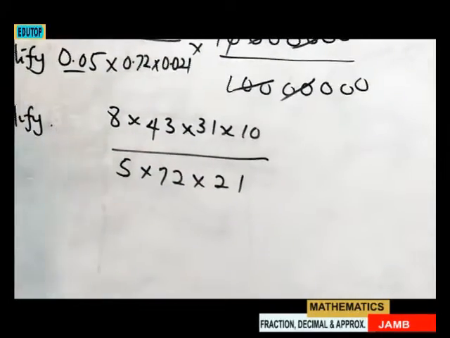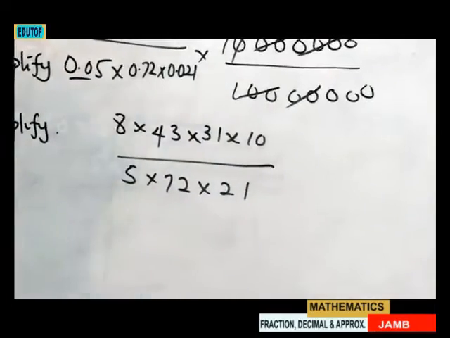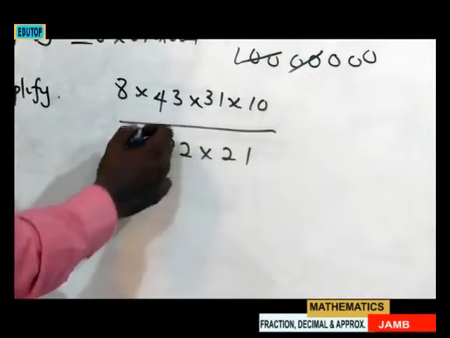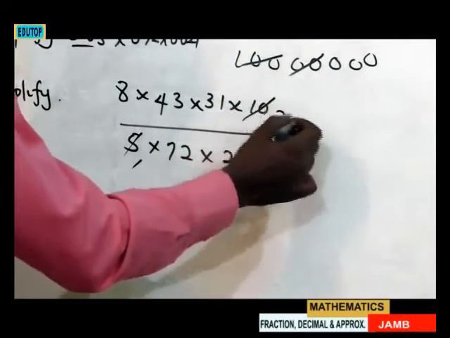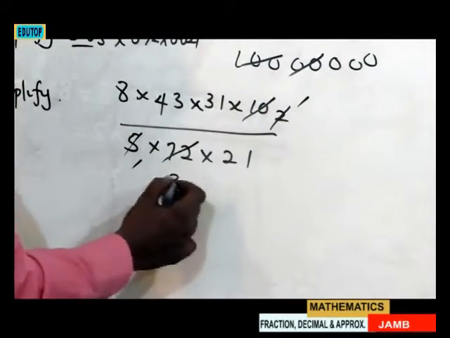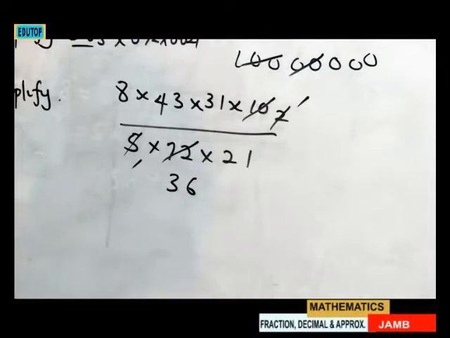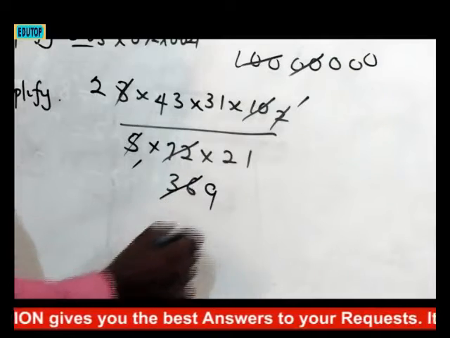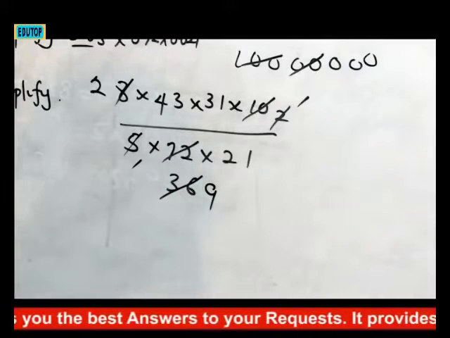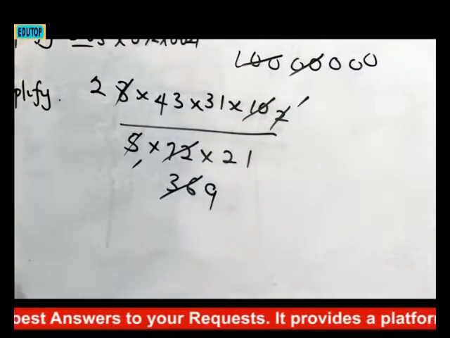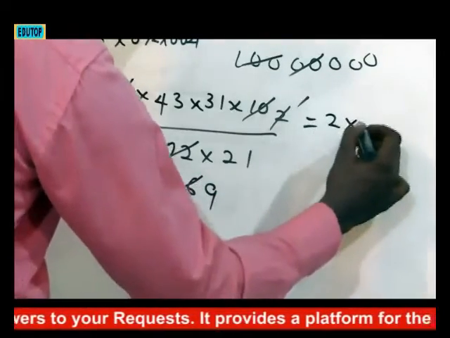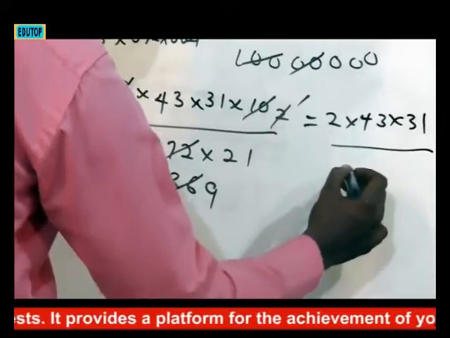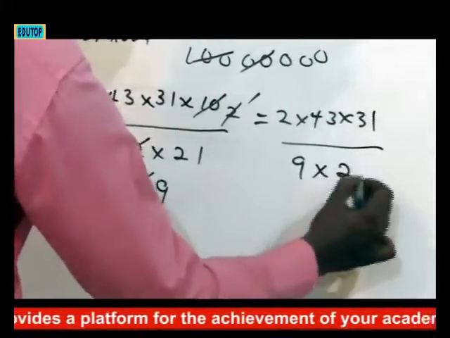Now we look at how we can reduce this fraction. 5 into 5 is 1, 5 into 2 is... reducing, 4 into 8 is 2, 4 into 72 is 9. So the number that we have now is 2 times 43 times 31 over 9 times 21.